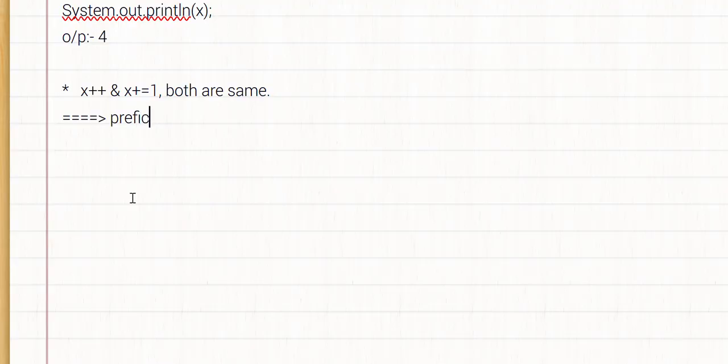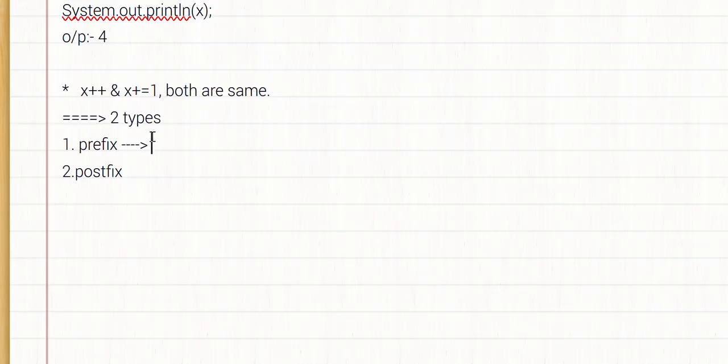Okay, there are prefix and postfix. There are two types. First one, prefix, and postfix. Prefix means first we add the value and then we assign it.